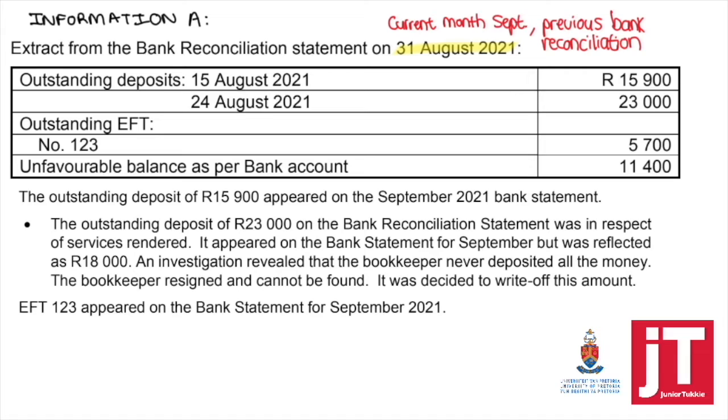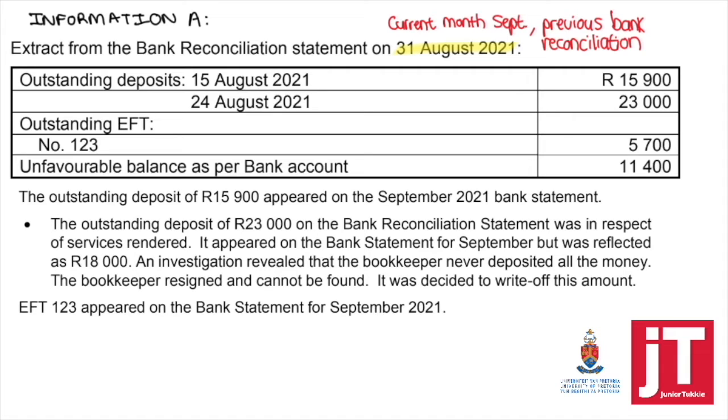We need to compare it with the bank statement of this month, current month, to see if those transactions that did not appear the previous month, does it now appear on our bank statement? If the answer is yes, we just tick it off. If the answer is no, it means we need to look at the additional information to see what we need to do with that.